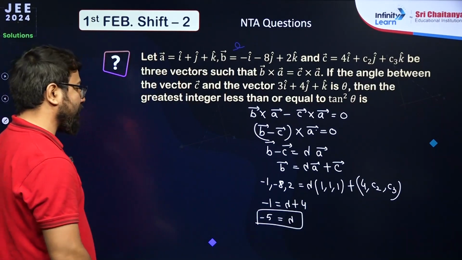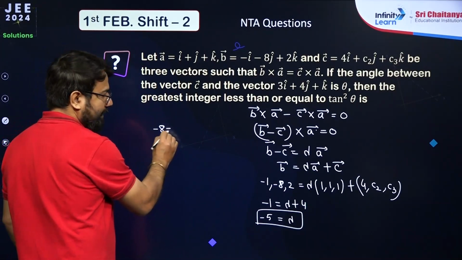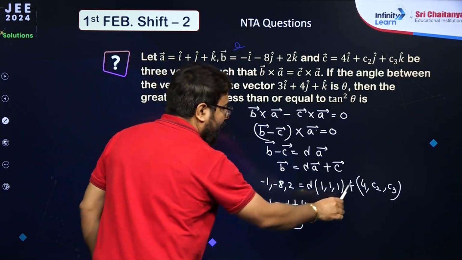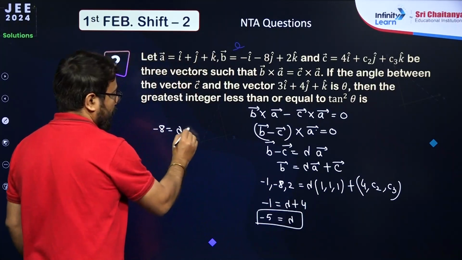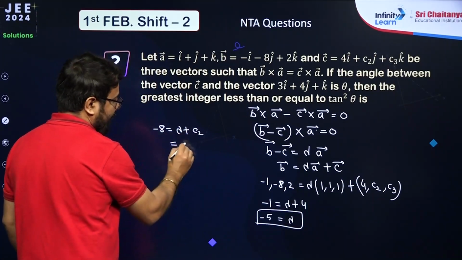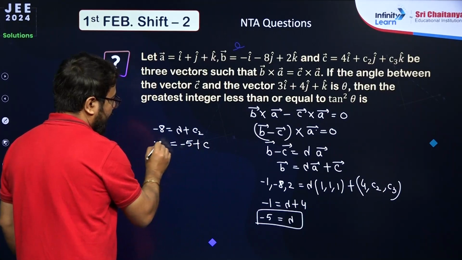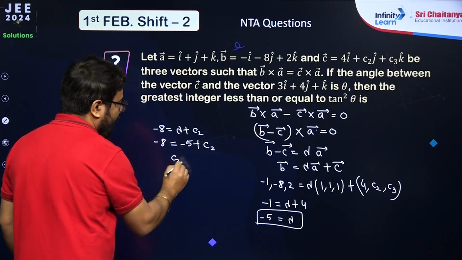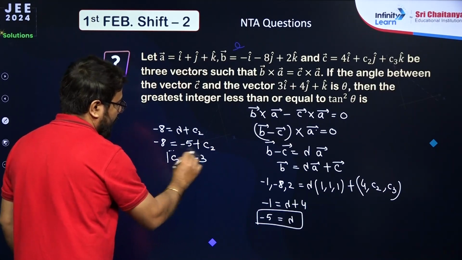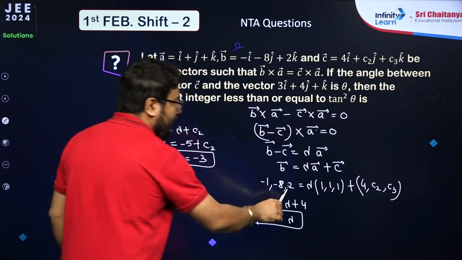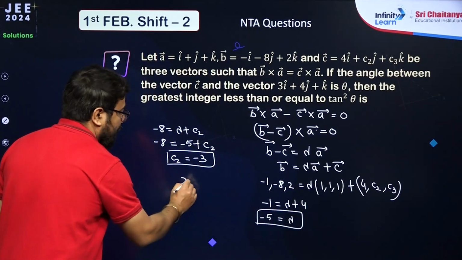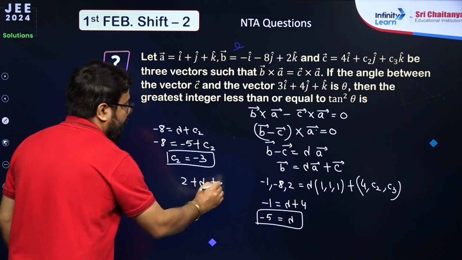Then let us get the value of C2. Minus 8 is equal to lambda plus C2. We got lambda as minus 5 already. From here I can write C2 equal to minus 3. I hope this is also clear to you. Then 2 will be equal to lambda plus C3.